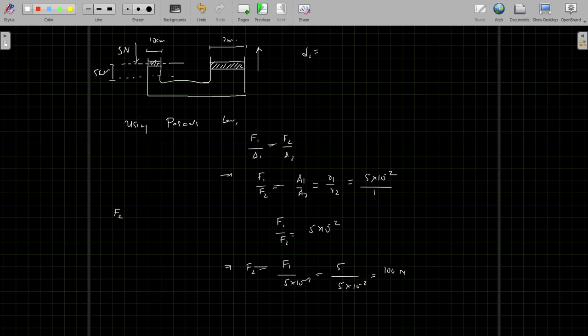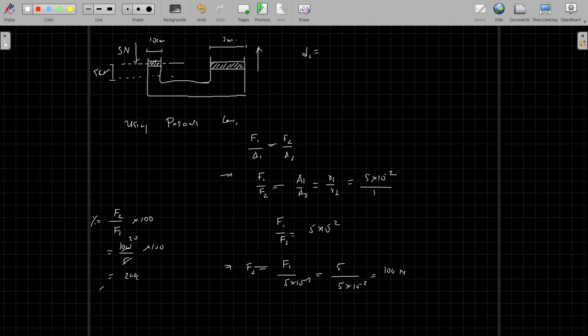If you see F2 by F1, how much is the increase in percentage? Into 100. The output ratio, or efficiency, is 100 by 5 into 100. So that gives me 20, right? So 20 into 100, 2000.